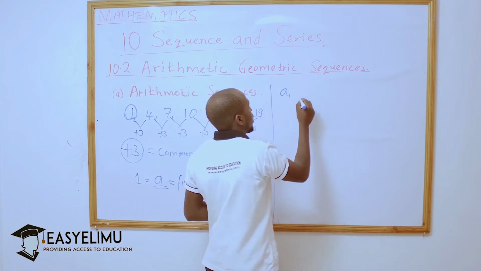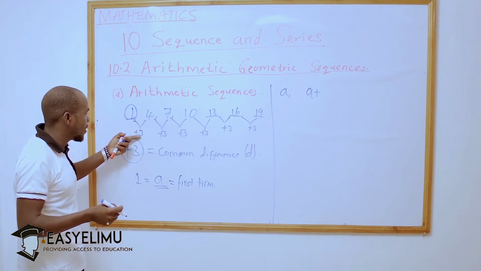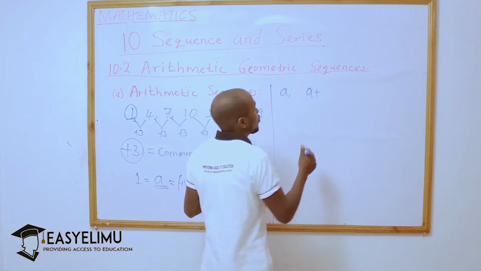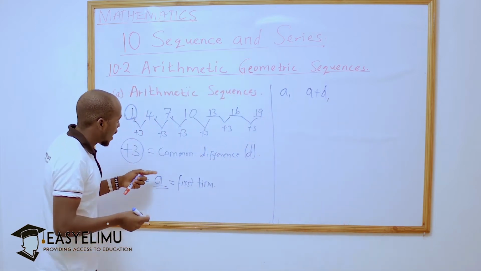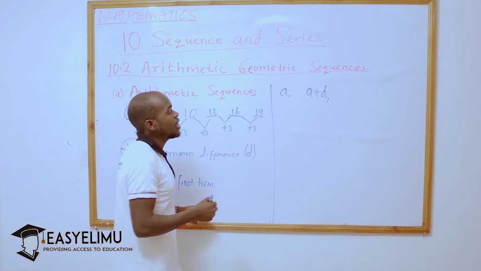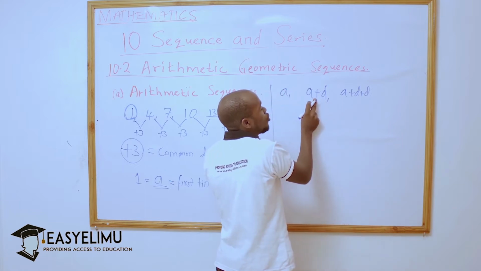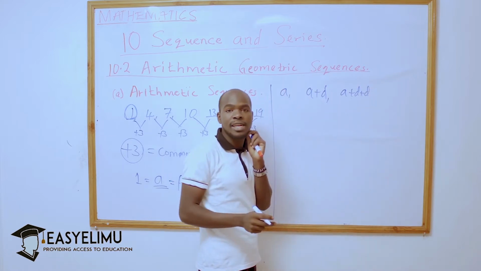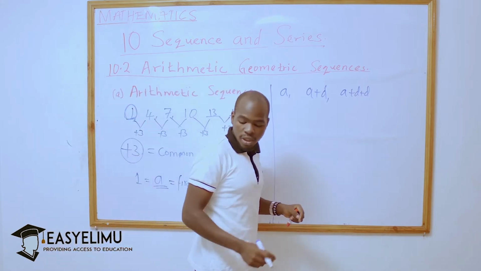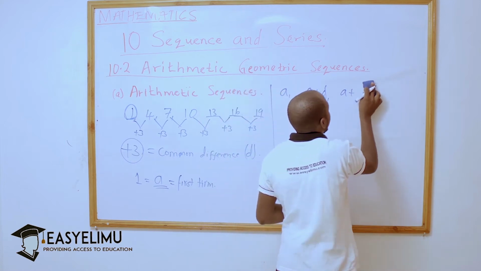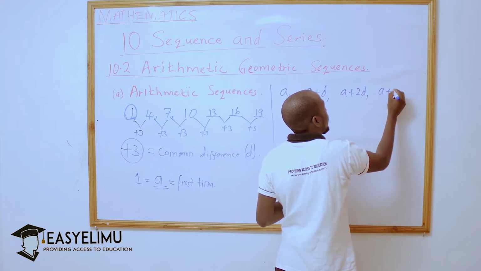Then the second term could be A plus a common difference, because we had to add 3 in order to get 4, and the common difference we have said is D. The next one will be the addition of another common difference, so it will be A plus D plus D. This is the second term, but we are adding another D in order to get the third term here. So instead of writing that, we can just write A plus 2D. Then as you move on, you will have A plus 3D.